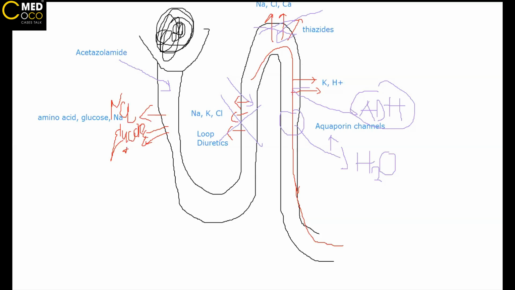Let me clear this. Xin Long is here. Let's go over the water deprivation test again, just to hammer it home one last time. Let's say you have a patient. Now I can draw.